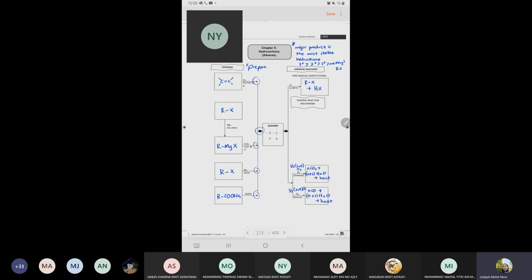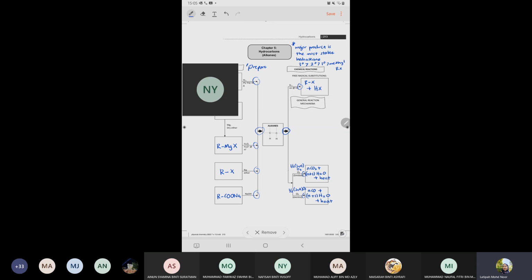And if the arrow is pointing outside the alkene box, outside the functional group box, it means that is the chemical reaction.